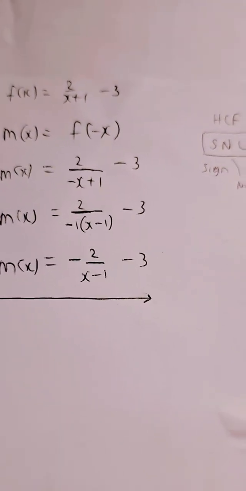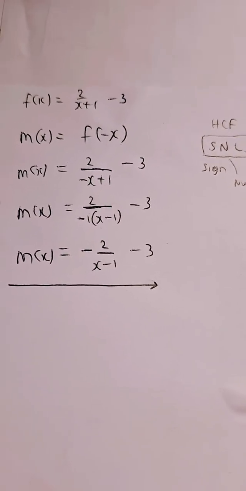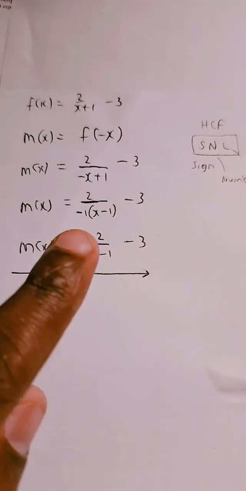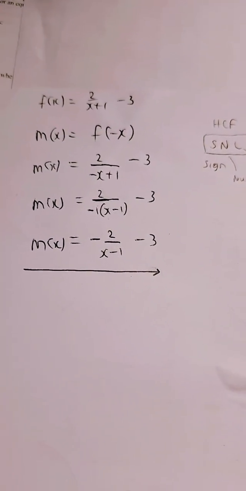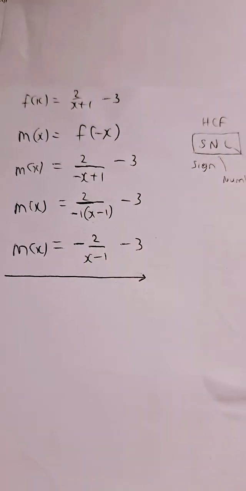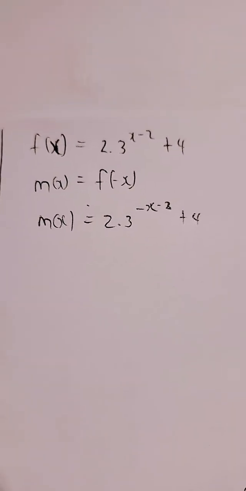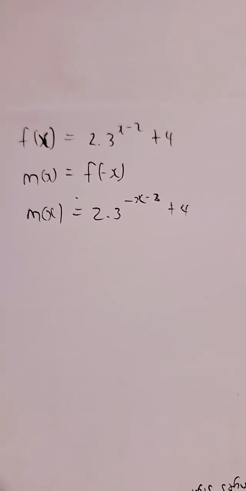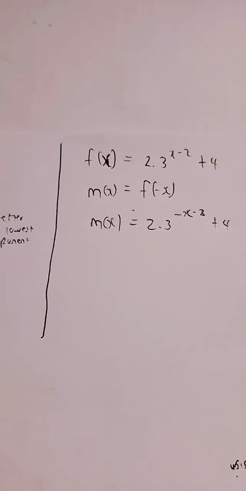So we factorize the denominator and then we divide so that we establish the sign of the numerator, which is negative, and then the expression in the denominator is always x plus or minus something. So that is true to its functional form. For the exponential function, we need to also be true to our functional exponential form. So what do we do then?